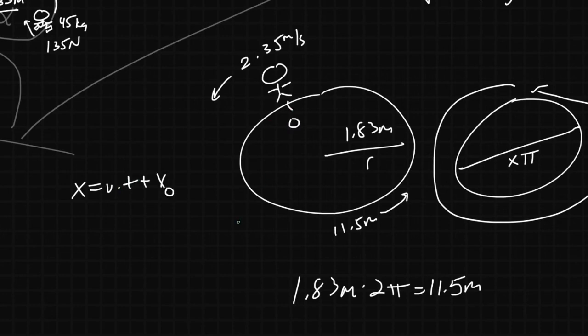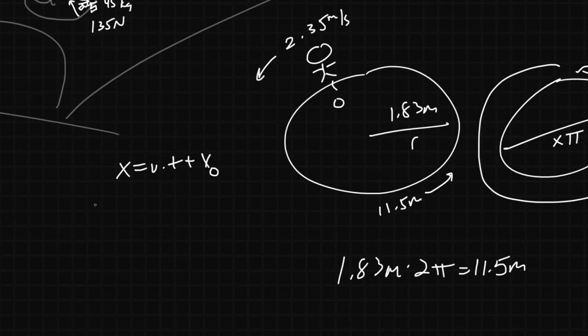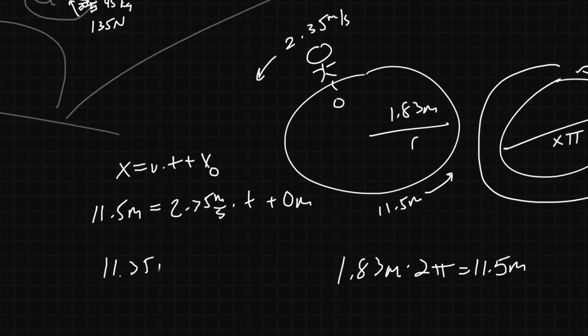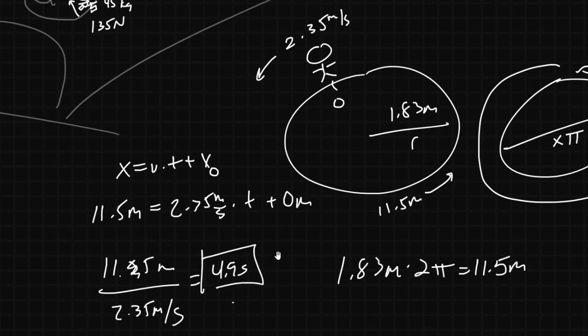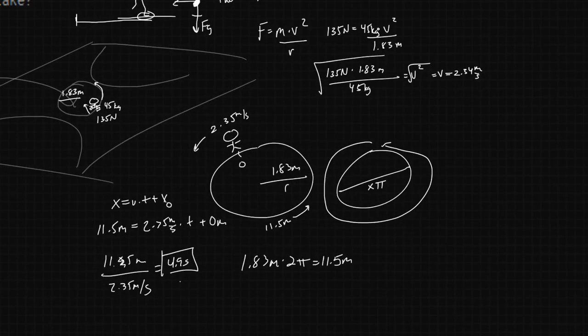If we're going to call this spot 0, and we know that they have to go around to 11.5, that means 11.5 meters will be equal to 2.35 meters per second times t plus their initial position, which was 0. 11.5 meters divided by 2.35 meters per second will give me 4.9 seconds. So as someone's running around that circle, the fastest they could possibly do it is 4.9 seconds.